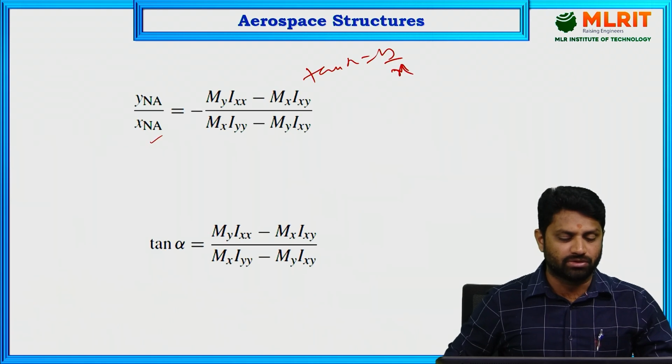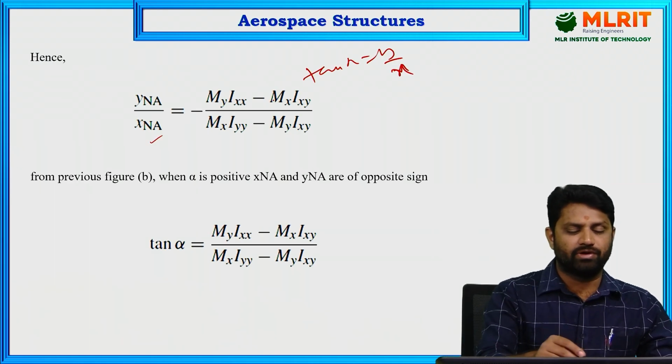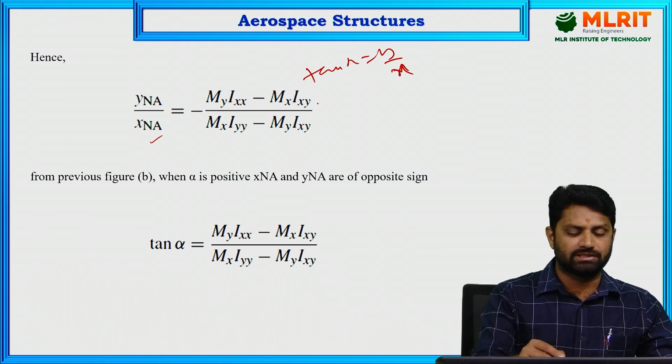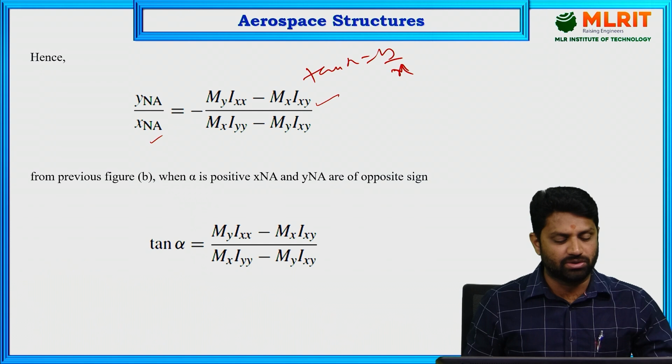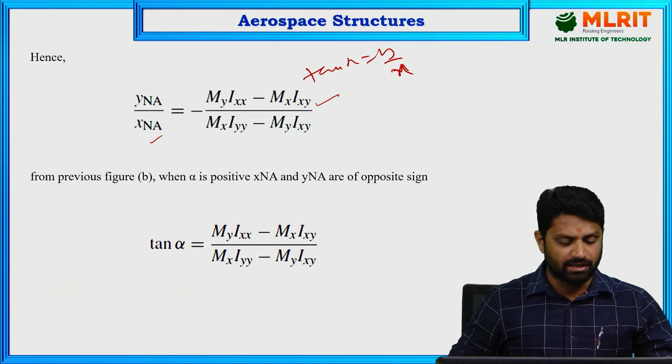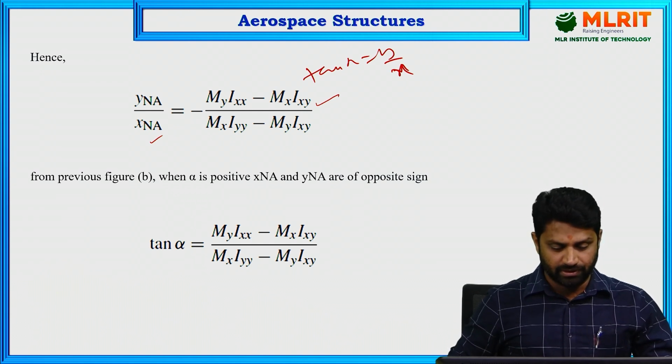From this you get y na by x na equals minus (my into Ixx minus mx into Ixy) divided by (mx into Iyy minus my into Ixy), in which alpha is positive and x na and y na are of opposite sign.